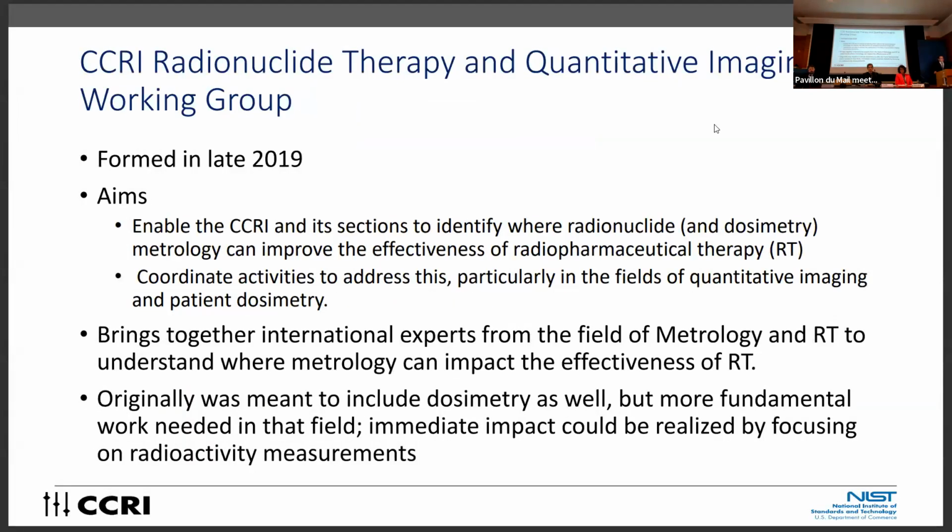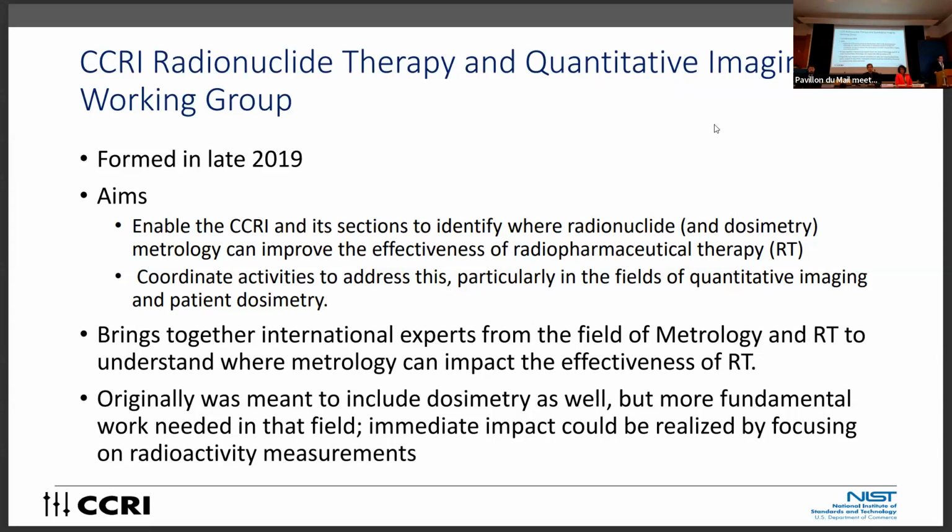One of those working groups is the Radionuclide Therapy and Quantitative Imaging Working Group. This working group was formed in late 2019, specifically to enable the CCRI to find out where radionuclide and dosimetry metrology can improve the effectiveness of radiopharmaceutical therapy.